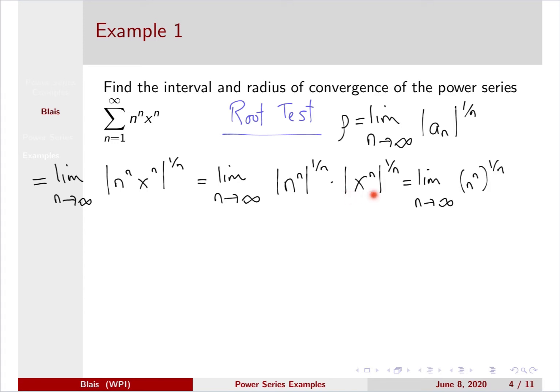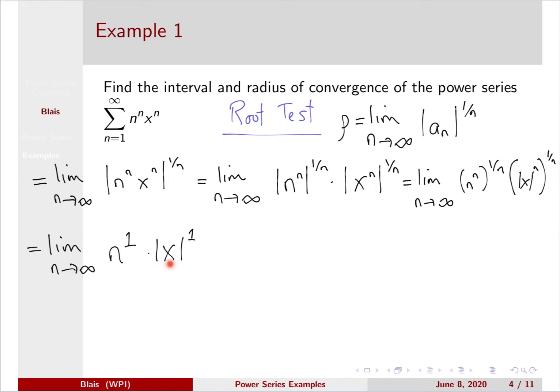And the absolute value of x to the n can be rewritten as the absolute value of x raised to the n. Our rules for exponents say we multiply. For the first term, n times 1 over n is 1. For the second term, we have the same result: n times 1 over n is 1. So we have the limit as n goes to infinity of n times the absolute value of x.